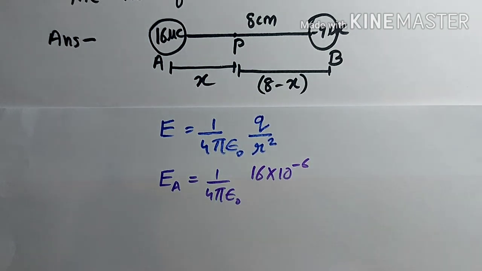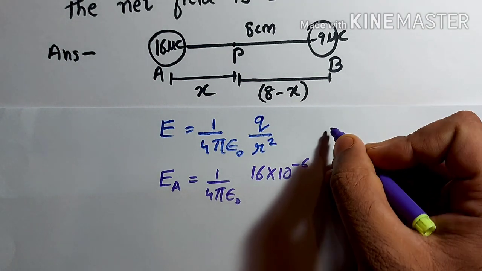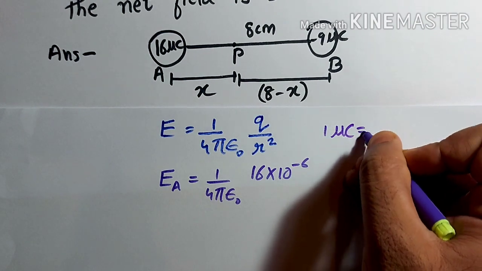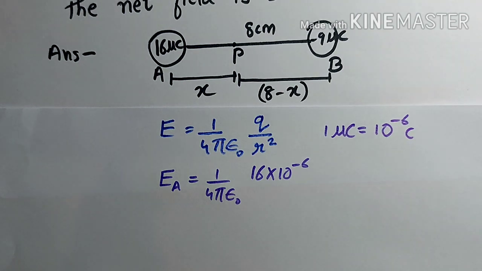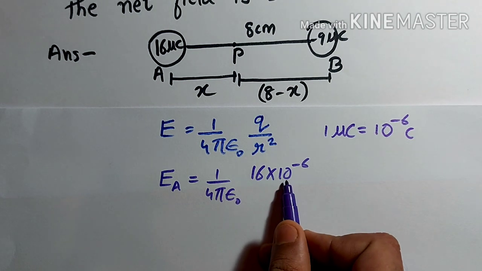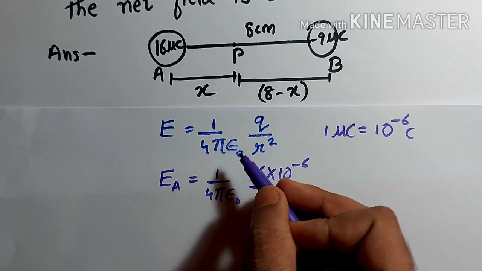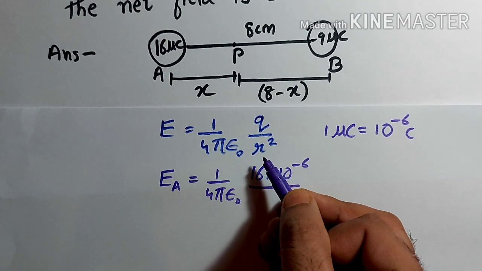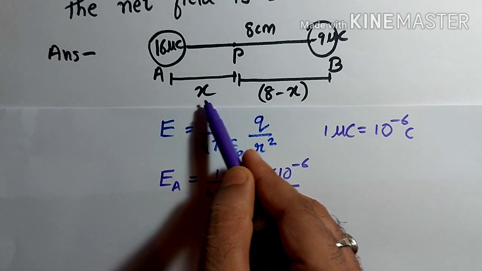Why? Here we have 16 microcoulomb, and we know that 1 microcoulomb is equal to 10 to the power minus 6 coulomb. Hence we are writing 16 into 10 to the power minus 6 divided by R square. In place of R, we have the distance between point A and P to be X.